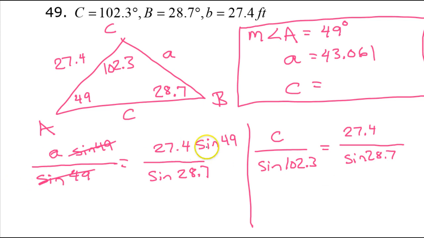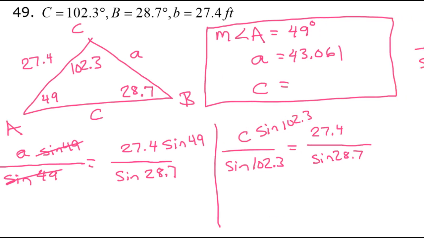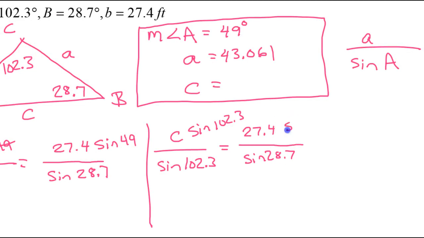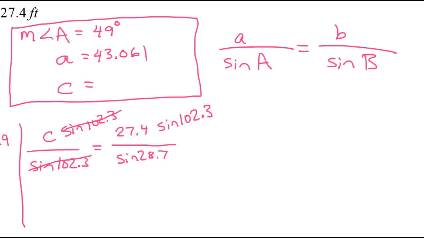I'm just repeating the process the same. So again, to get C by itself, I will multiply both sides by sine 102.3. So these will cancel each other out, and that will leave C by itself.